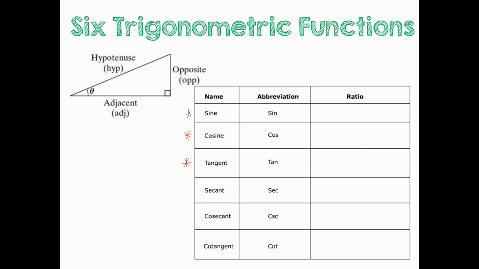It's important to know that those words are sine, cosine, and tangent. The abbreviations are sin, cos, and tan, but we don't ever say it like that. We say the sine of theta, the cosine of theta, or the tangent of theta. A lot of us know the ratios based on our acronym SOHCAHTOA.